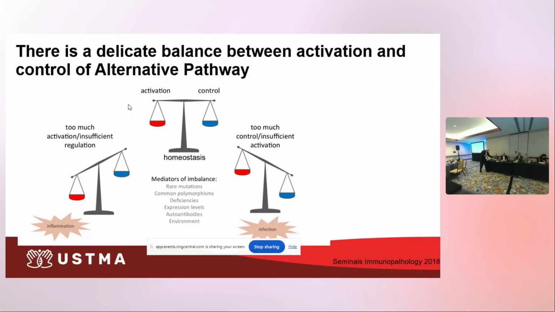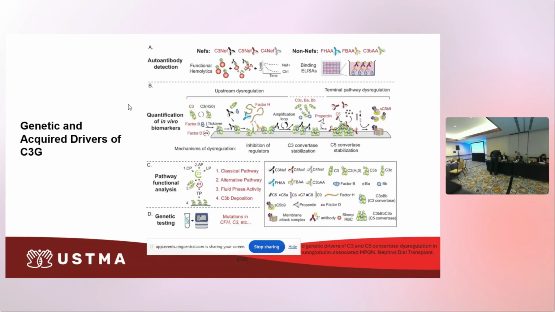And what are the mediators of that imbalance? There could be mutations, polymorphisms, autoantibodies, environmental factors, and this is the gist of what this talk is about as well. This is a very elegant paper looking at genetic and acquired drivers of C3G.